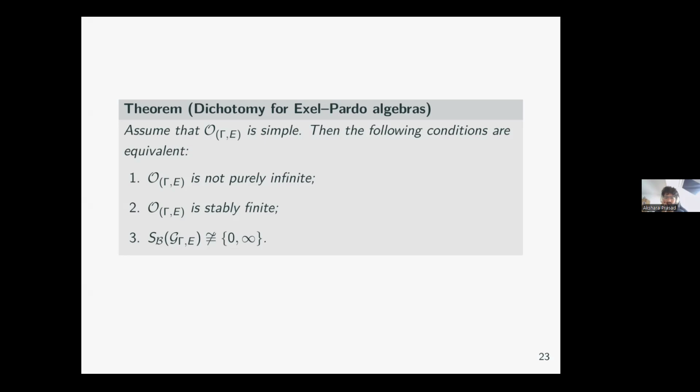Everything is positive. But what about the stably finite case? Yes, in the stably finite case, I think they agree in high generality. Okay, I'm glad I did not say something wrong.